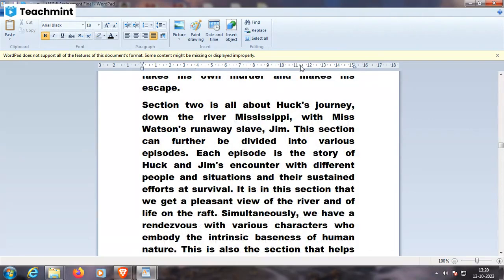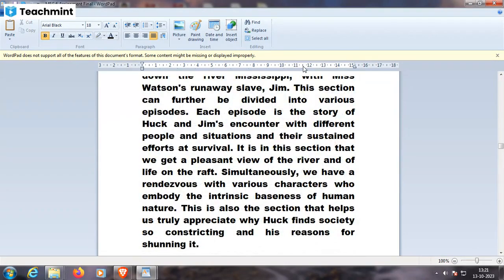It is in this section that we get a pleasant view of the river and of life on the raft. Simultaneously, we have a rendezvous with various characters who embody the intrinsic basis of human nature. This is also the section that helps us truly appreciate why Huck finds society so constricting and his reason for shunning it.